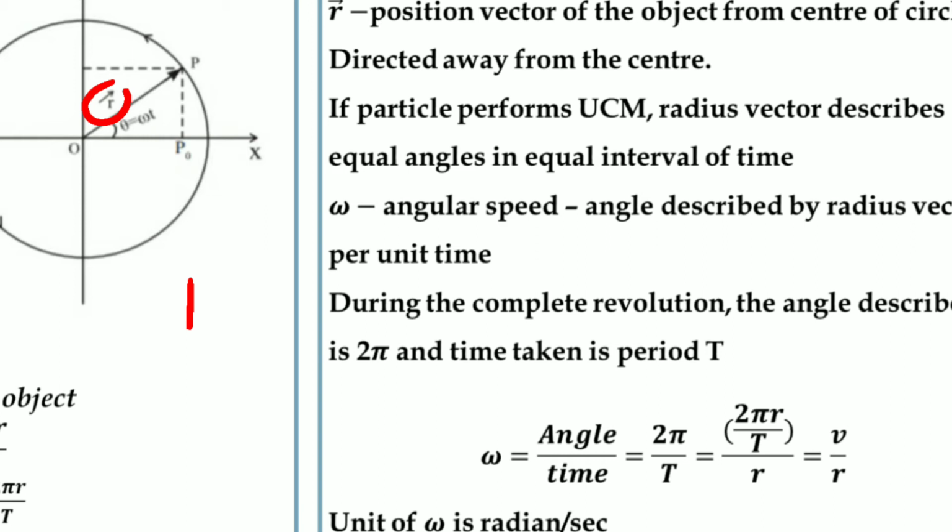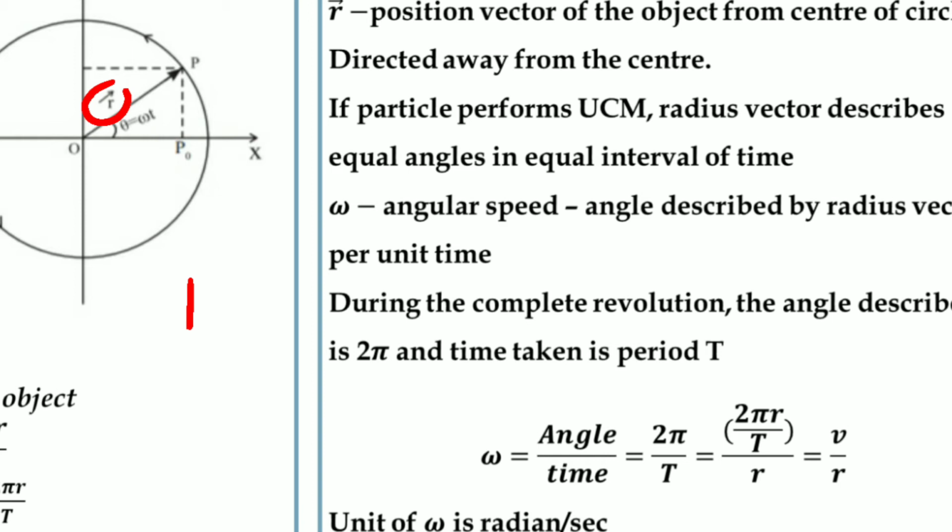T is the total time required by the object to complete one revolution. This is the time period, and in one revolution the angle the object has traveled is 2 pi.